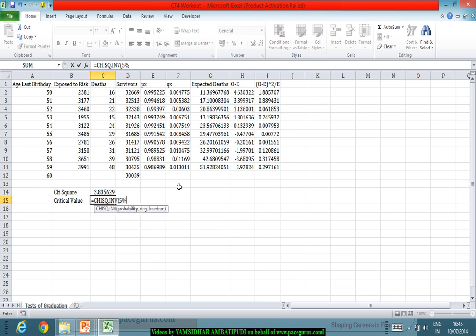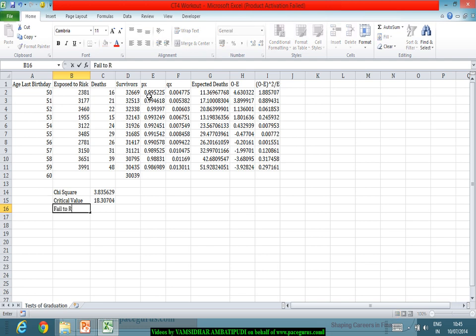I'm talking about the higher side, so 95%. The chi-square value for 95% confidence level and 10 degrees of freedom is coming out to 18.3. My calculated value is much lesser than 18.3. So I cannot reject the null hypothesis.